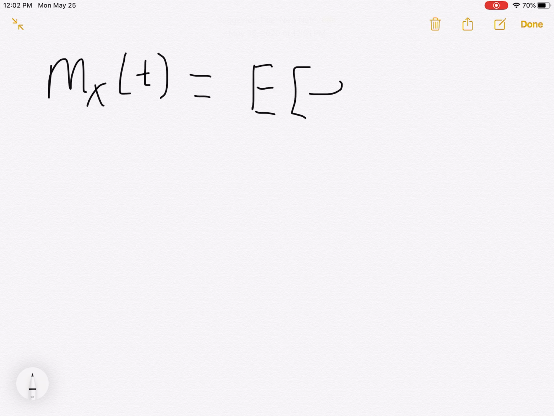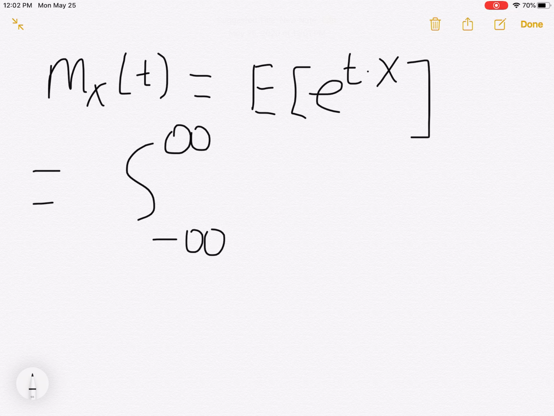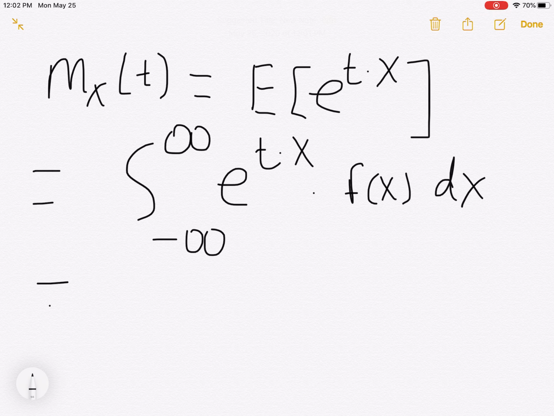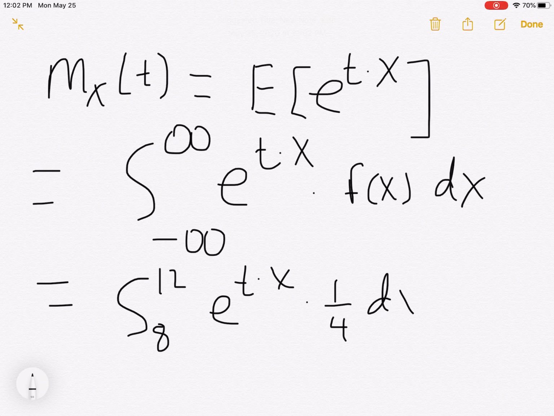Okay, now what if I want to calculate the moment generating function? I could do that. That would be the expected value of e to the t times x. And this will be the integral from minus infinity to infinity of e to the t times x times f of x. But remember, I know that f of x only takes on values between 8 and 12, so it's the integral from 8 to 12 of e to the t times x times 1/4 dx.